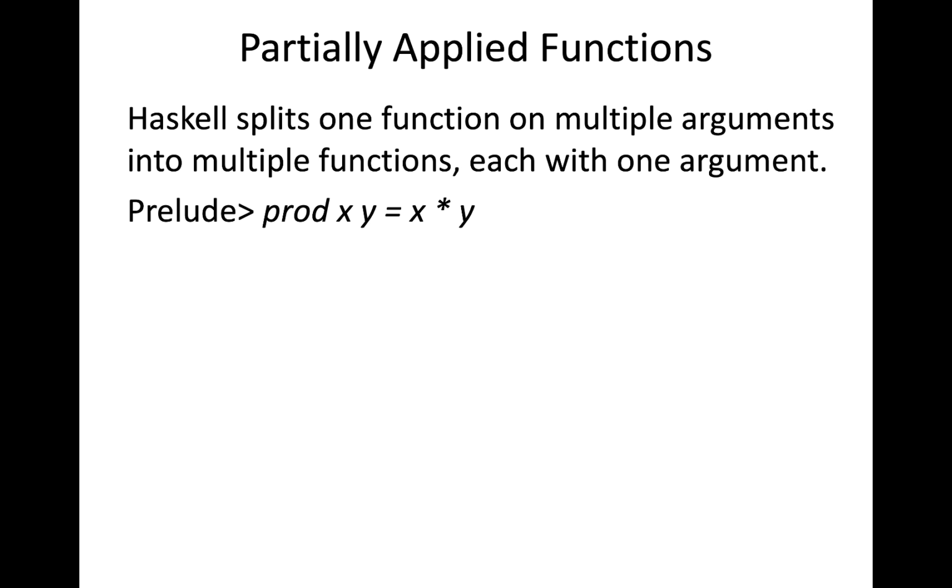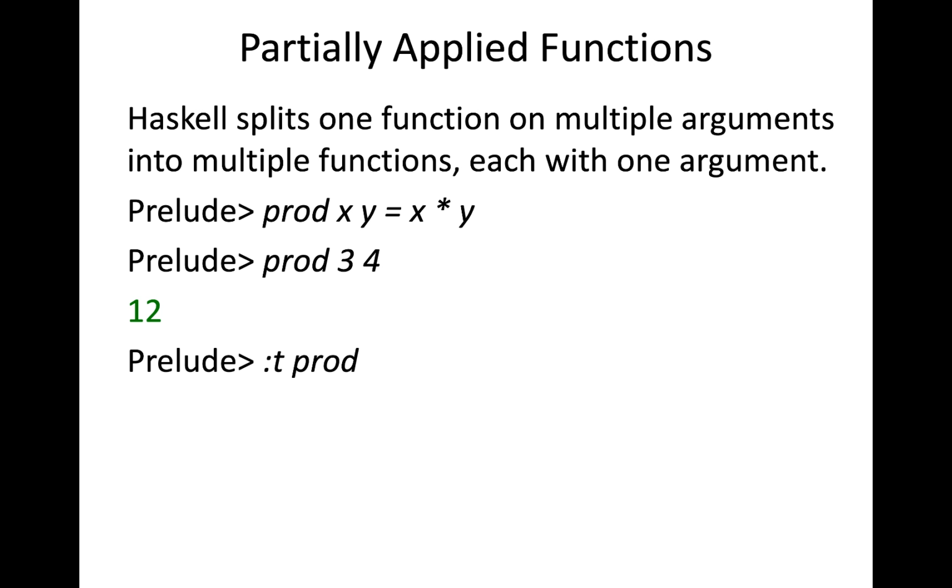Let's take an example. Say prod is a function that stands for product or multiplication, which takes two parameters x and y, and as expected returns the product, and we can use that on 3 and 4, and as expected that will return 12. If you check the type of this function prod, then you will see something surprising.